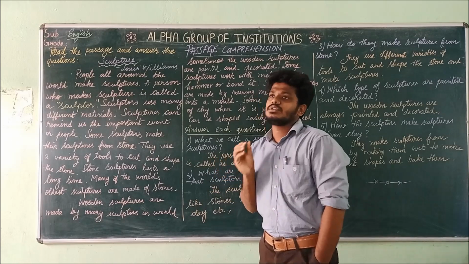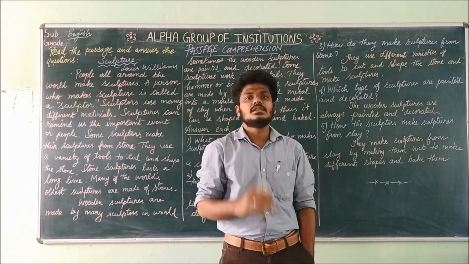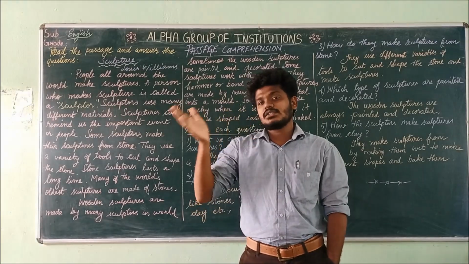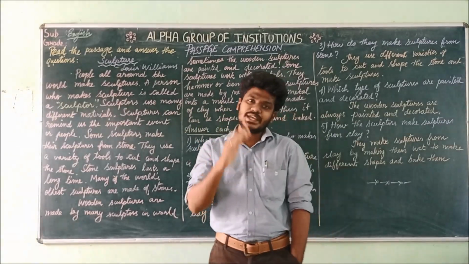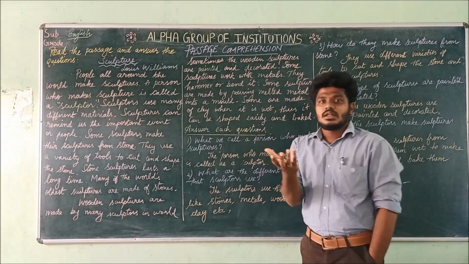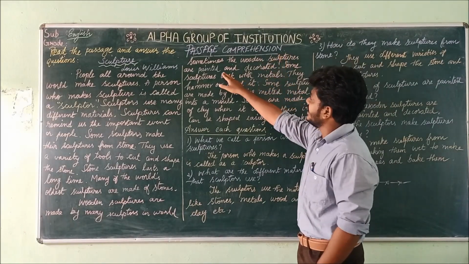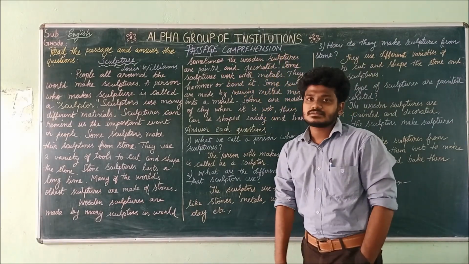We can't find stone sculptures painted, but in the case of wooden sculptures, they used to paint and decorate them to get an even more beautiful look. That's why wooden sculptures are sometimes painted and decorated.